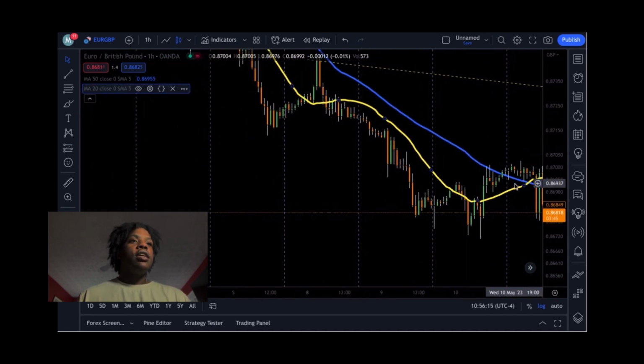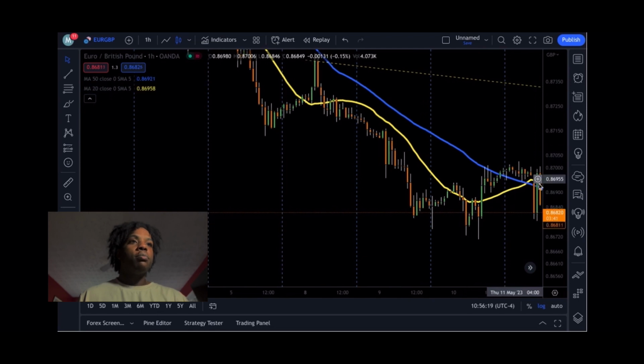So we see here that markets begin to cross above this, this 20-day is beginning to cross above this 50-day moving average, right? So we're just going to look at it like, okay, we see that we have this big push off of the support.